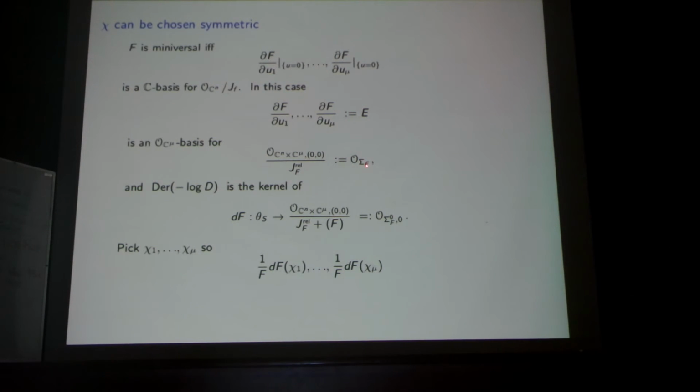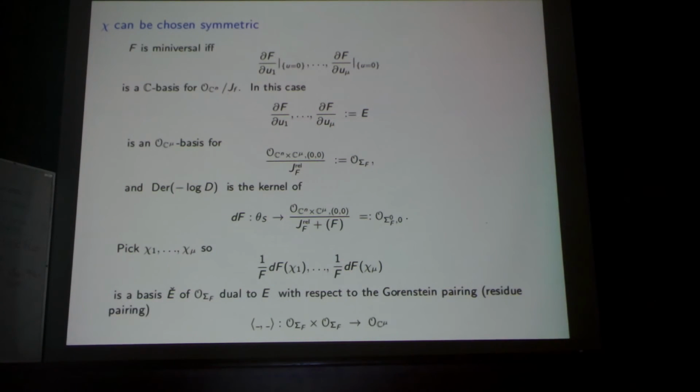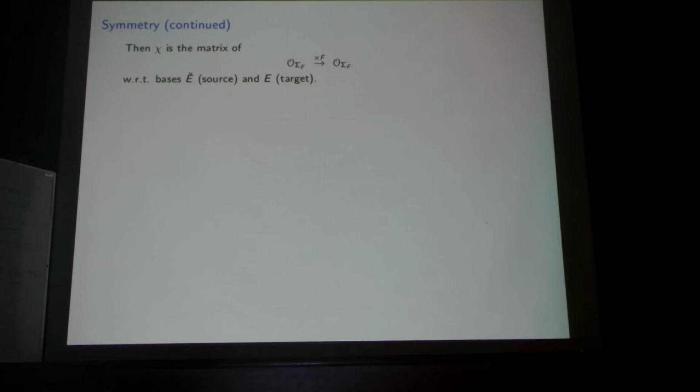And because this is a Gorenstein ring, there's a perfect pairing. It's also known as the residue pairing. Anyway, one can construct by this means a basis dual to this basis, and it then turns out that the matrix of vector fields is actually the matrix of multiplication by F with respect to this dual pair of bases.